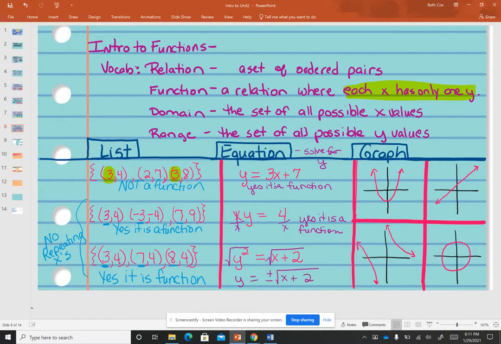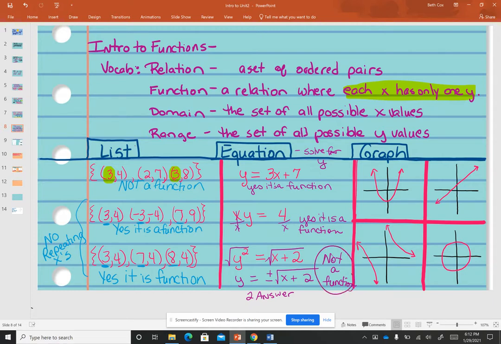And we always ended up with 2 answers, a positive one and a negative one. And so this one is not a function because there are 2 y's here, okay? So, 2 answers for a single x. All right, so it's not a function.